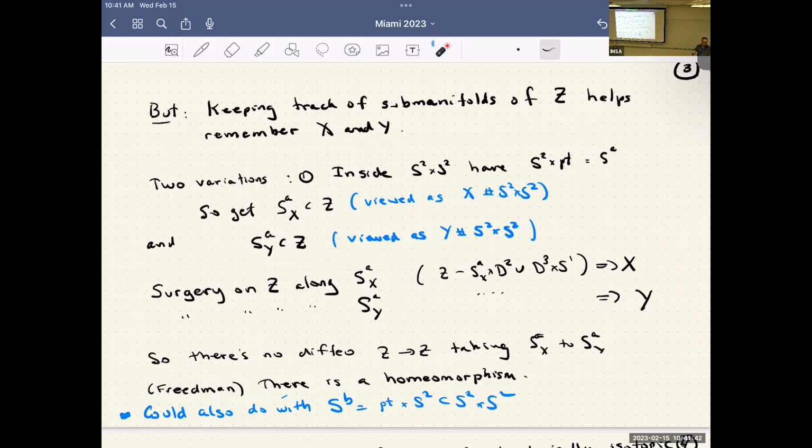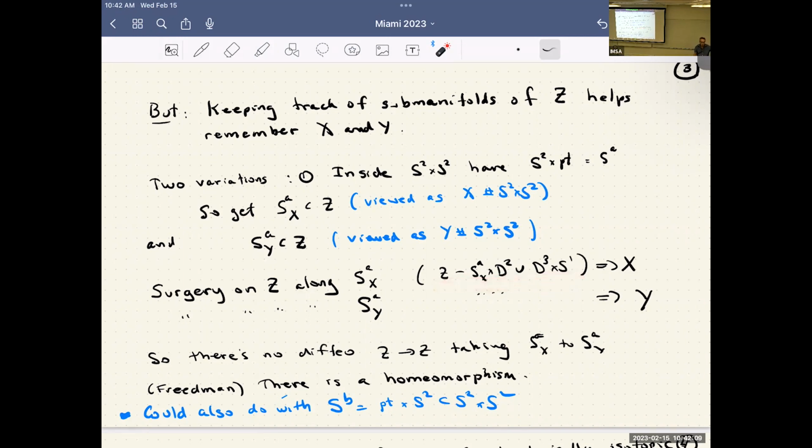In particular, they're not isotopic. You could arrange that they're homotopic, and in fact, that there was a homotopy through homeomorphisms. In other words, they're topologically isotopic. But they're not the same because whenever you have a sphere with self-intersection 0, with trivial normal bundle like this, you can do a surgery, which means you remove the sphere cross D2, that's the trivial normal bundle, and glue in D3 cross S1.